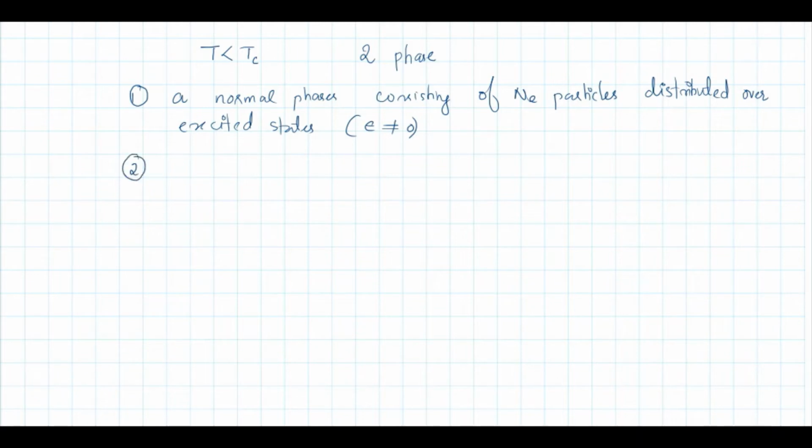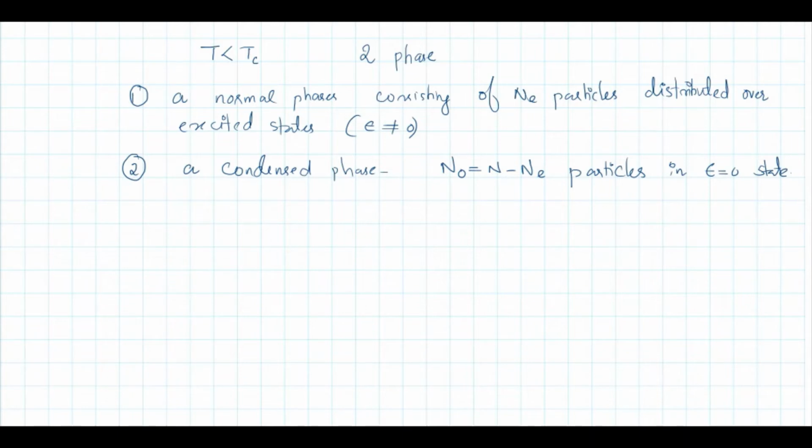And the second phase is a condensed phase consisting of N0, that is given by N minus Ne particles in the epsilon equal to 0 state, that is the ground state.